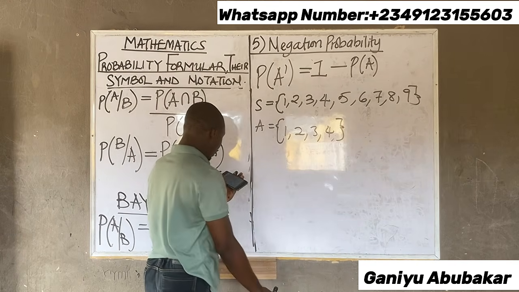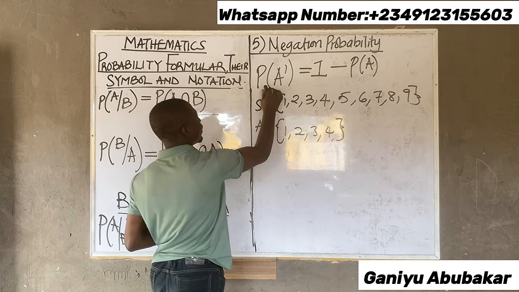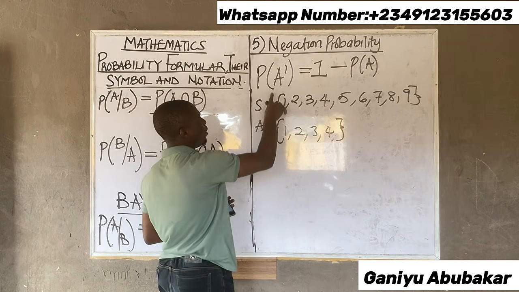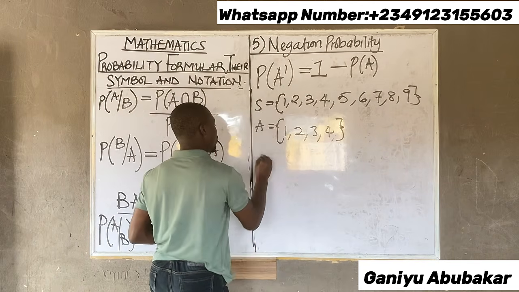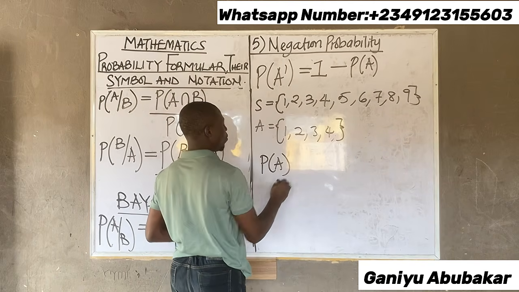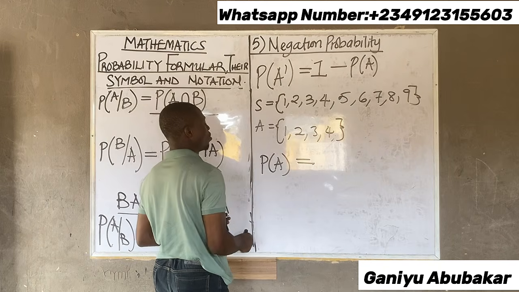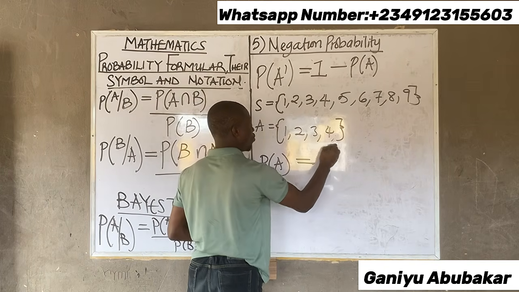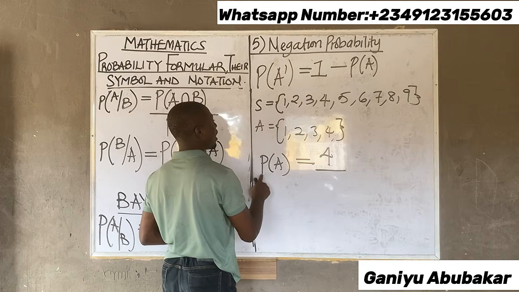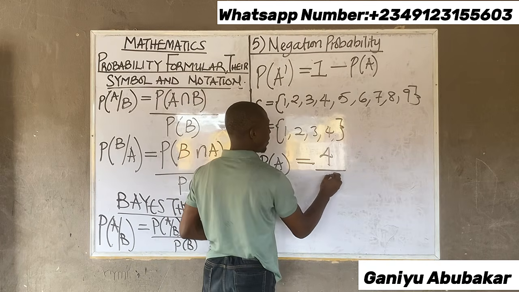Right? So let's find the negation of A. To find the negation of A, I need P of A. So P of A, the probability of A will occur, is equal to the number of elements in A: 1, 2, 3, that's 3, all over the sample space, that's 9.